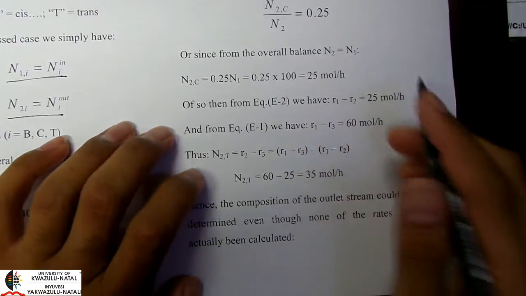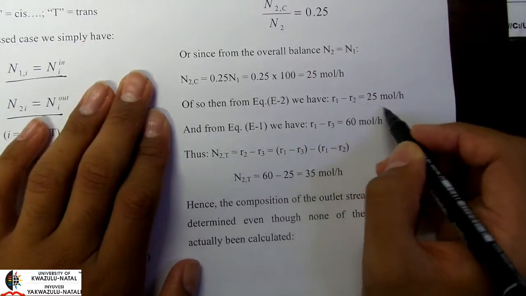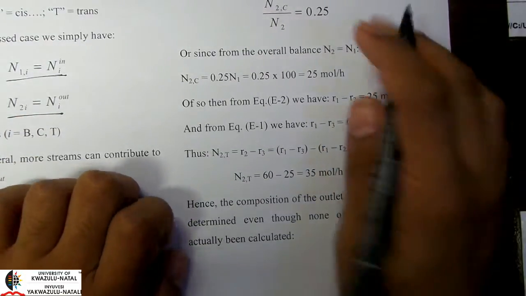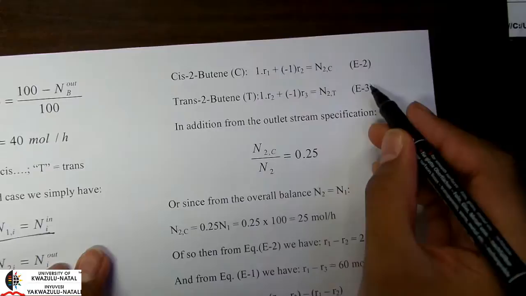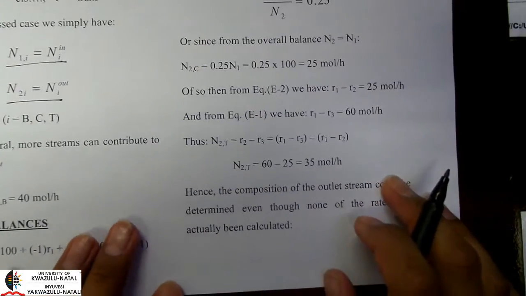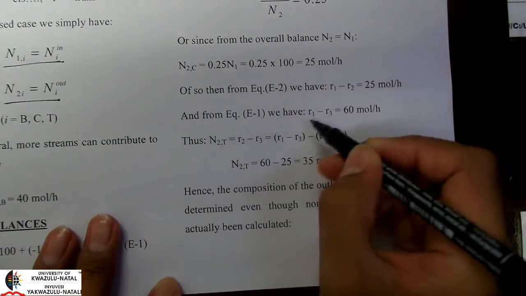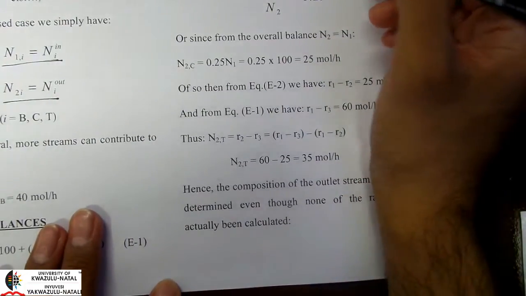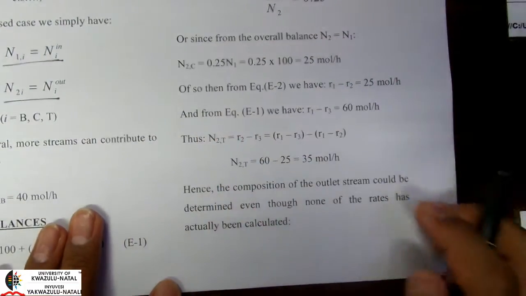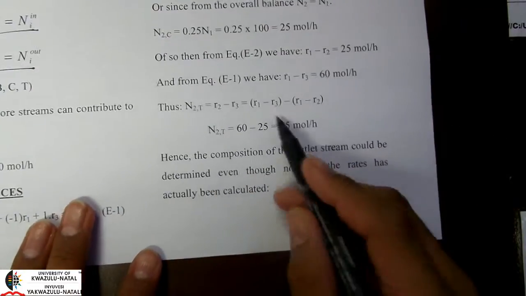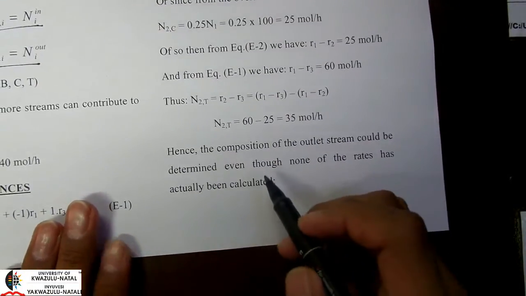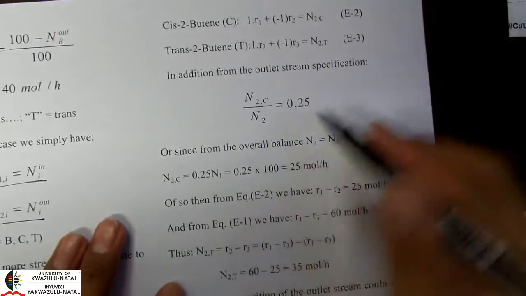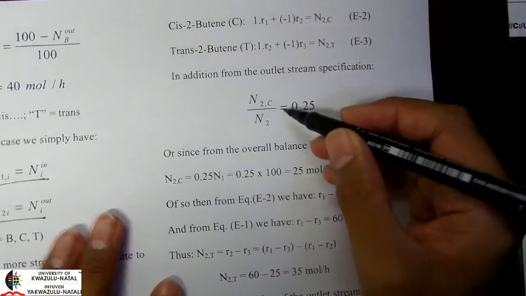Okay, so we can express R1 minus R2 using equation 2. That's this one here. And we can express R1 and R3 as well, since we know what N2C and N2T are now. And that is ultimately what we need to obtain.